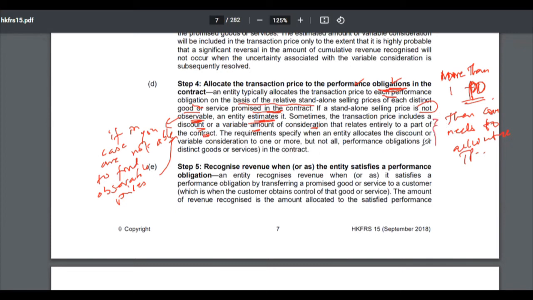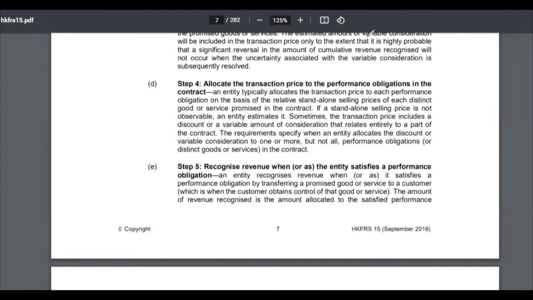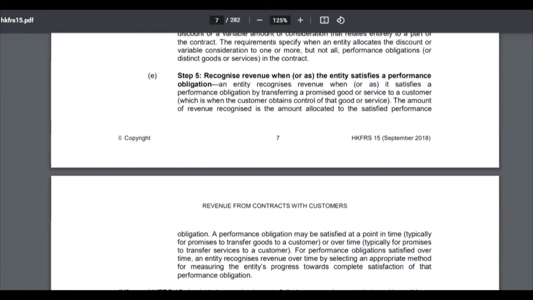All this is covered in the pages ahead in this standard. If you want me to cover these steps in detail, let me know and I will make separate videos on that. So let's look at step 5, which is the last step in revenue recognition.